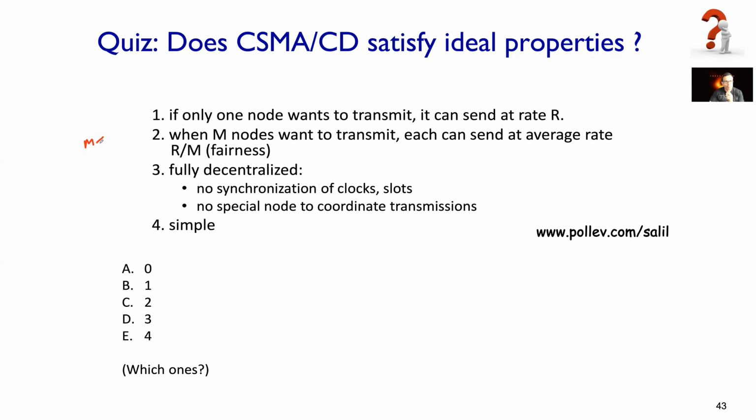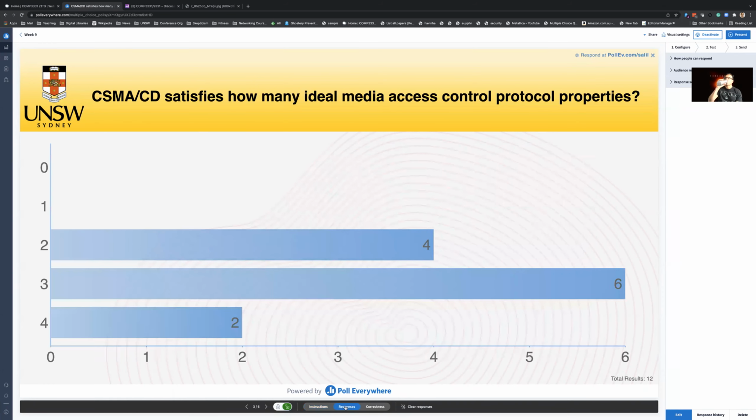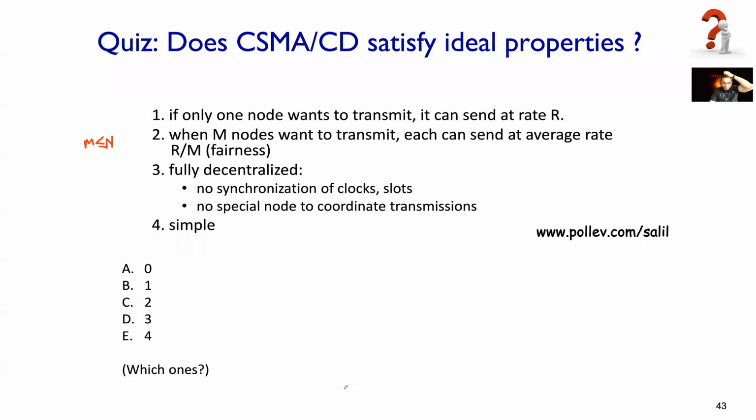And as before, M can be less than or equal to N. Let's see, what do you think? So many of you are saying 3, some are saying 2 and 4. So let's have a look, have a bit of a discussion.